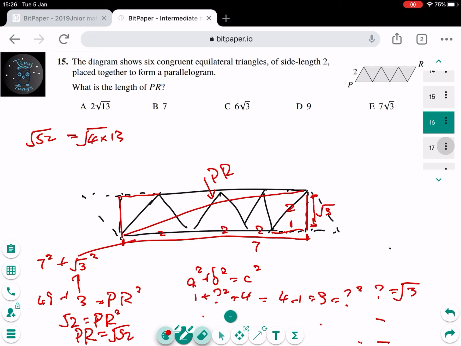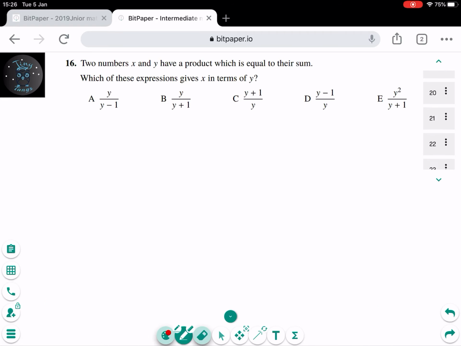Because 4 times 13 is 52, if you take 4 out, that becomes the square root of 4, so it's 2, and that's the square root of 13. So the answer is A for question 15. And that's all we'll do today, and thank you for listening.